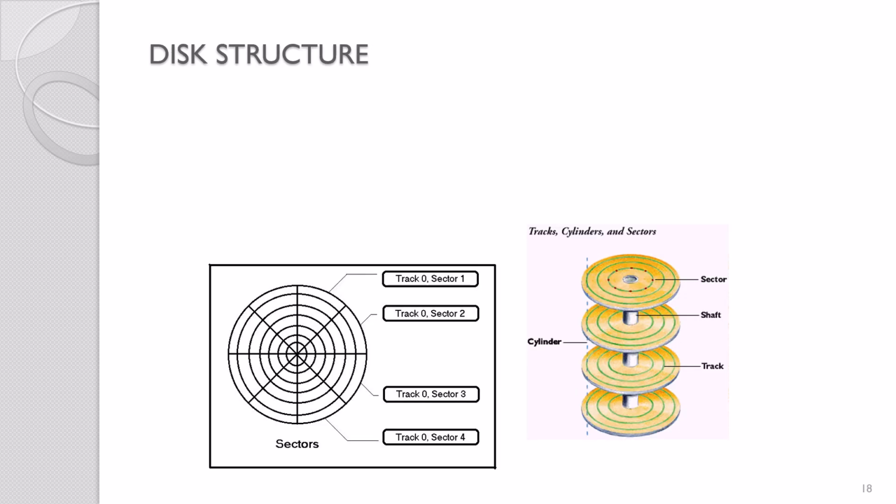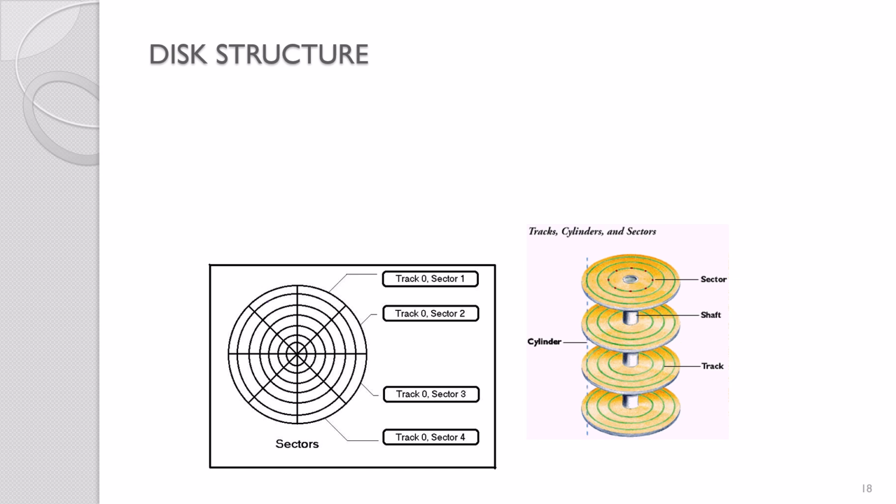So from the top view, all of these circles are the tracks. When you take all the tracks together, that's called a cylinder. And the tracks are broken up into little sections, and those are called sectors.